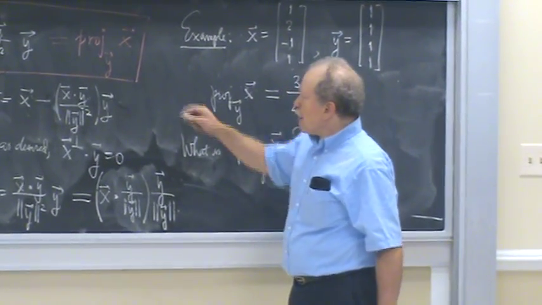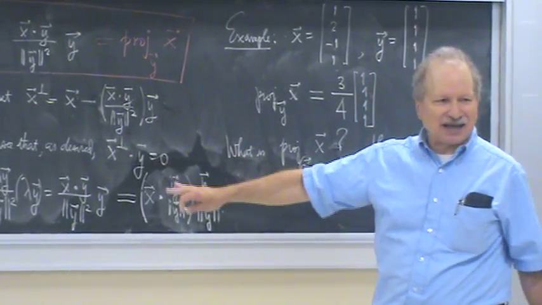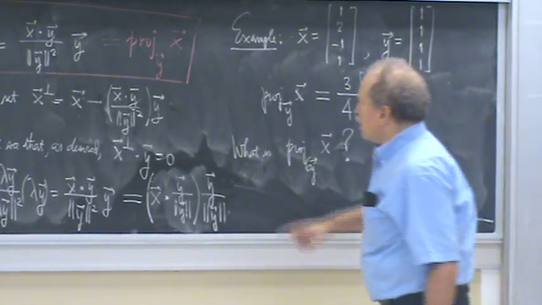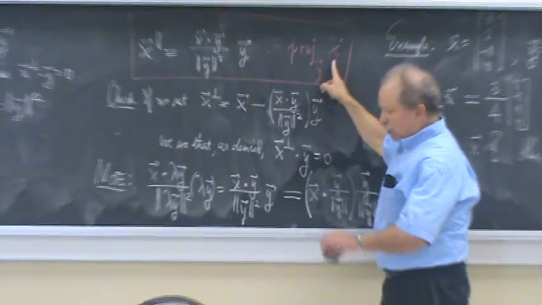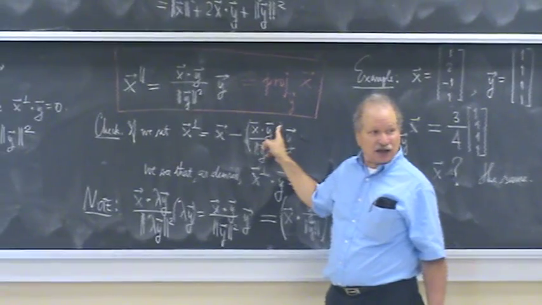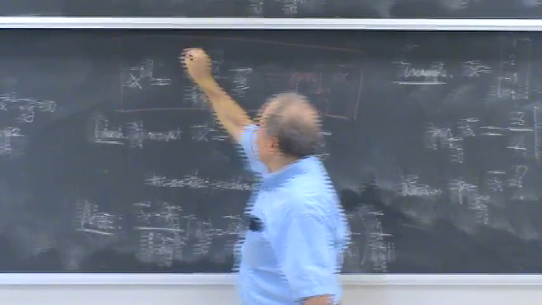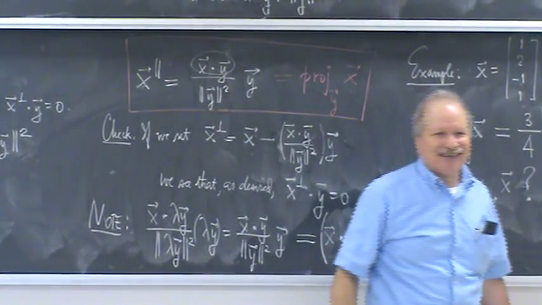So how should you remember this formula? We're going to be using this formula all semester and it will come up again next semester. How are you going to remember it? It has to be a multiple of y because I'm projecting onto y. I'm finding the part of x along the y direction. So it has to be a multiple of y. You have to remember that the dot product comes in there.